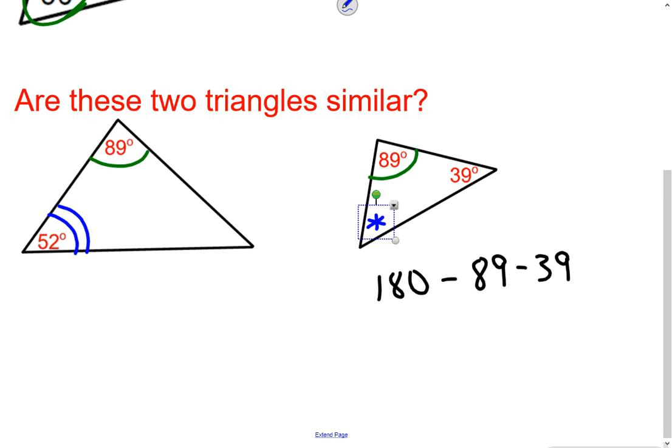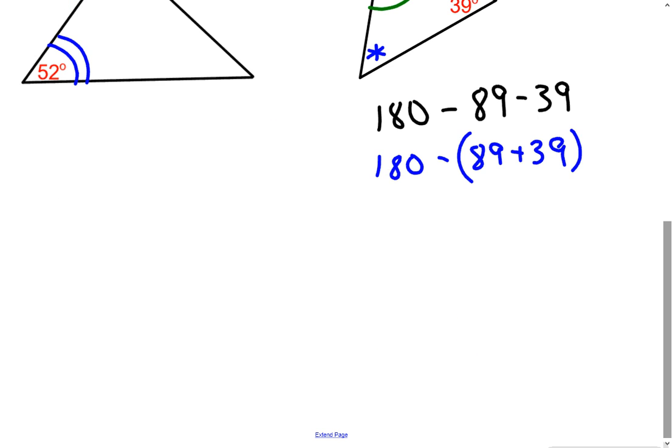So what I like to do is change this a little bit. I'm going to look at it as 180 minus, and I'm going to add these two angles together first. It's the same thing. It works out a little easier in my head. So if I take the 89 and the 39 and add those two together, I end up with 128 degrees.